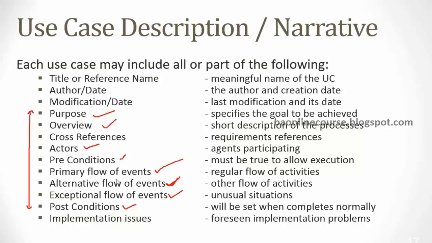So when you're talking about the primary flow, you'll first enter the email ID of that person. Then if there are any CC, you'll have all those details. Then you'll add the subject line. Then you'll add the main content. Then you'll make attachments. So that is the primary flow of that particular use case of composing an email.